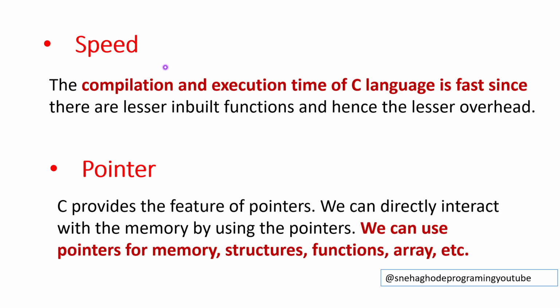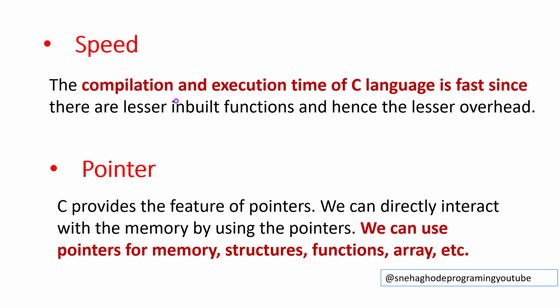Then after that, speed. The compilation and execution time of the C language is fast since there are fewer inbuilt functions and hence less overhead. So that's why it is faster as compared to the others. Then here we have the most important feature, that is the pointer. C provides the feature of pointers.